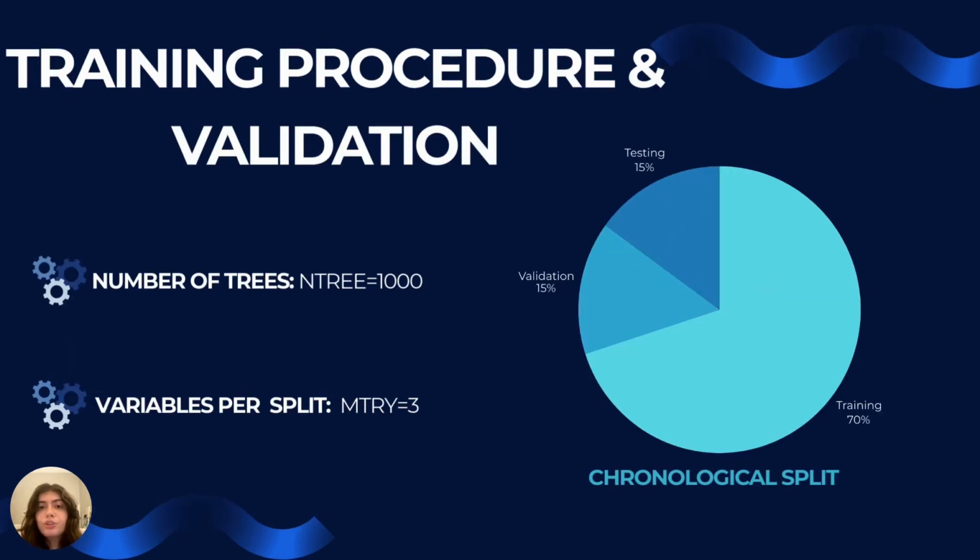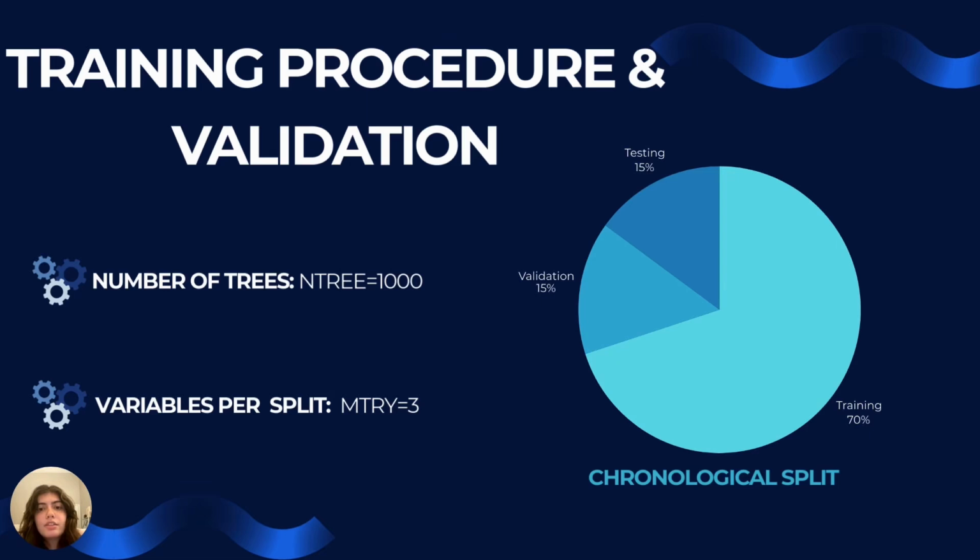Now, in order to validate these models, we used a chronological split. We did 70% of days for training, and then we have 30% for validation and testing, 15% each. And for our random forest model, we tuned two specific parameters. First, we set the number of trees to 1,000 because this makes the model more robust and less likely to fluctuate.